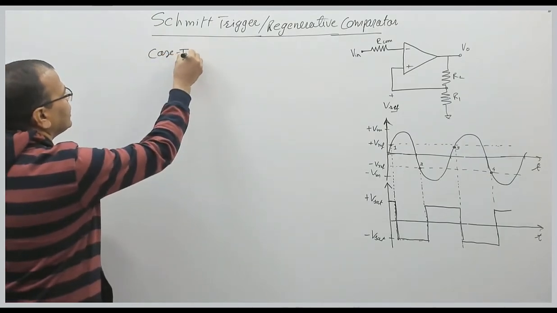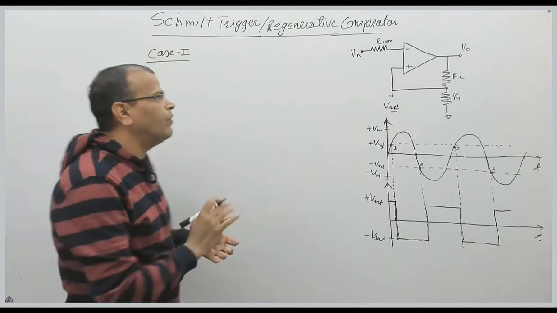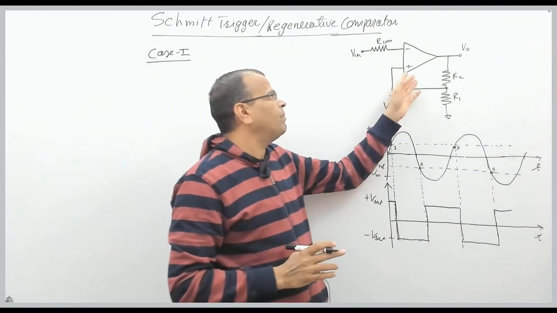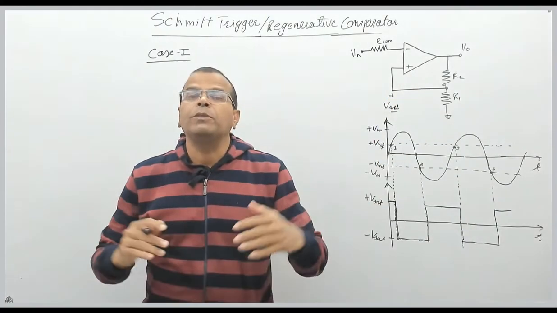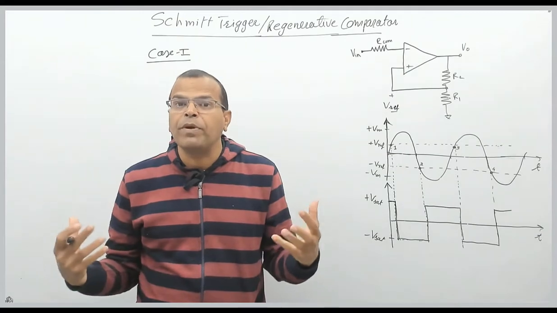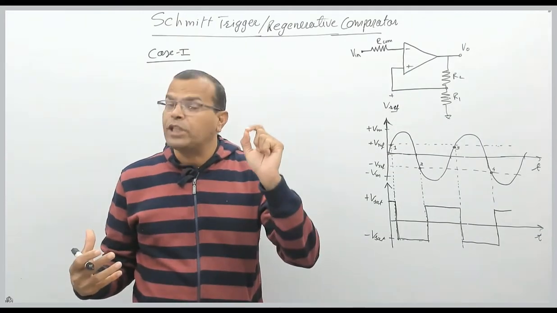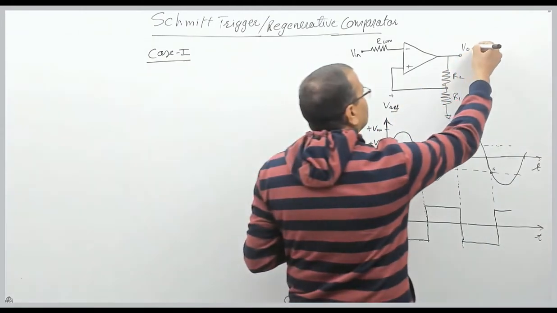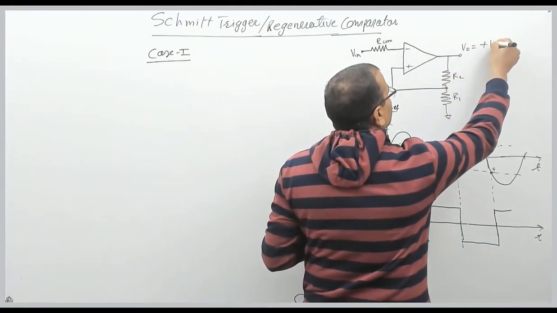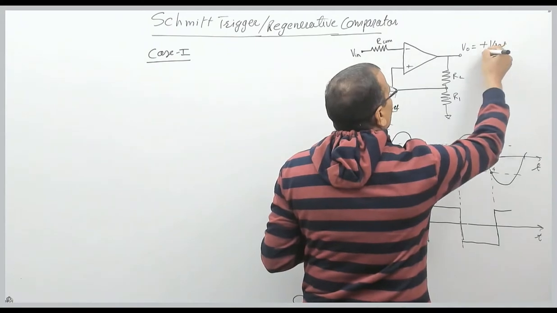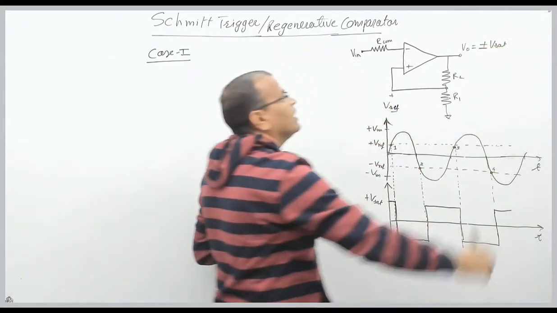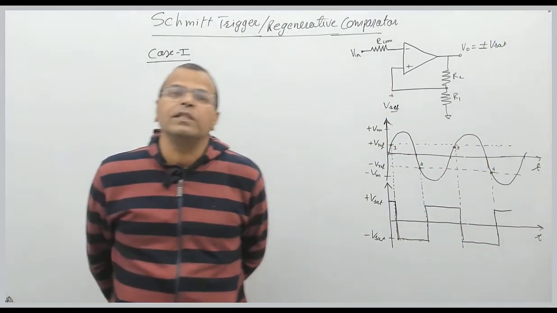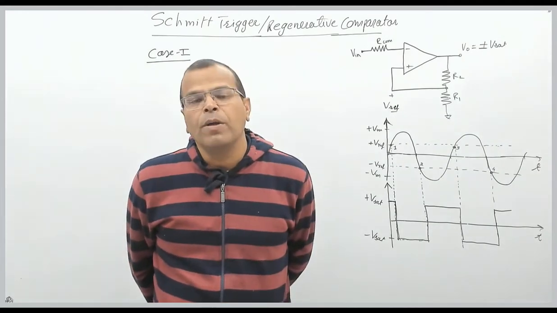We will take two cases. Case 1. First of all, we have positive feedback in the circuit. So whenever there is positive feedback in the operational amplifier, the output is saturated, right? So this output is always equal to either plus Vsat or minus Vsat.